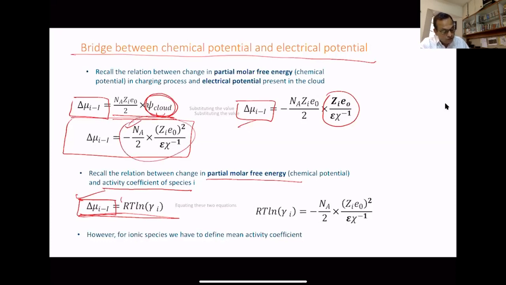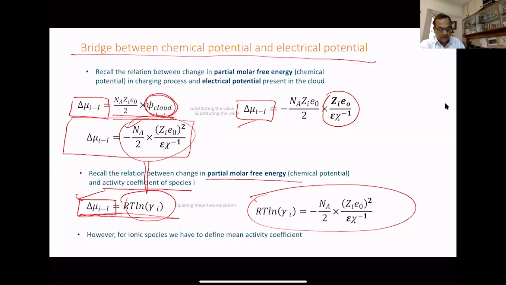So I can equate these two equations, and what I get is RT ln gamma_i, where gamma is the activity coefficient, is equal to minus N_A by 2 Z_i e_0 square upon epsilon chi minus 1, where epsilon is the dielectric constant of the solution, which is nothing but the dielectric constant of water, because we have a dilute solution. So for all practical purposes, we can use the dielectric constant of water.